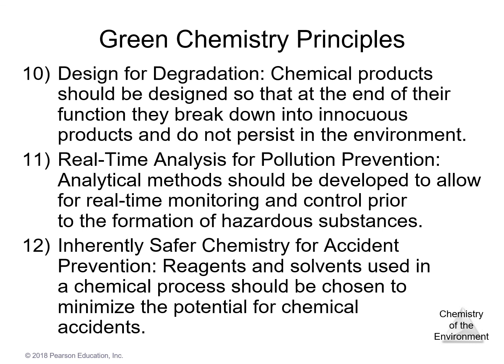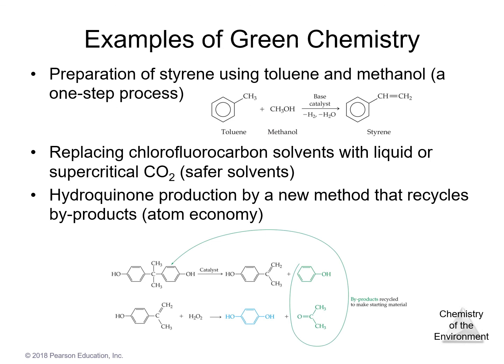Other principles: design for degradation. Chemical products should be designed so that at the end of their function they break down into innocuous products that do not persist in the environment. You have real-time analysis for pollution prevention and inherently safer chemistry for accident prevention. Reagents and solvents used in the chemical process should be chosen to minimize the potential for chemical accidents.